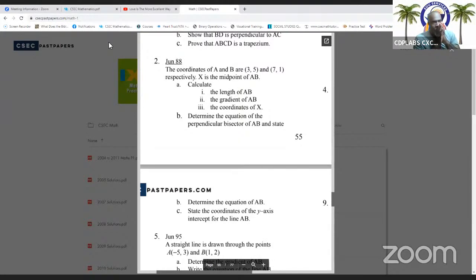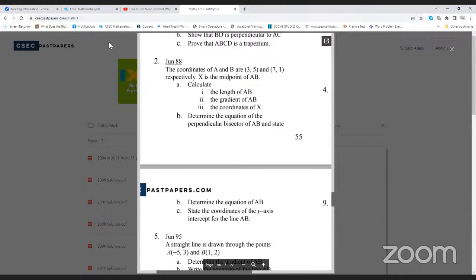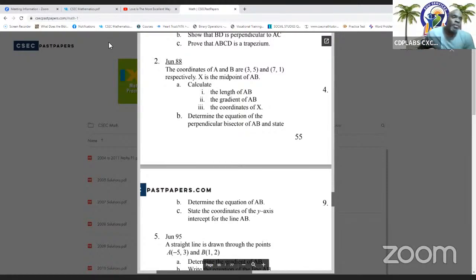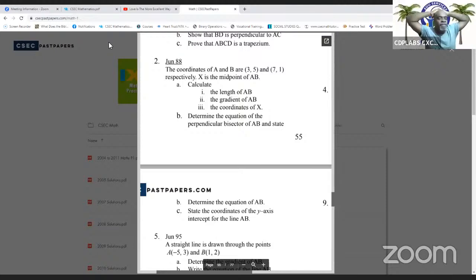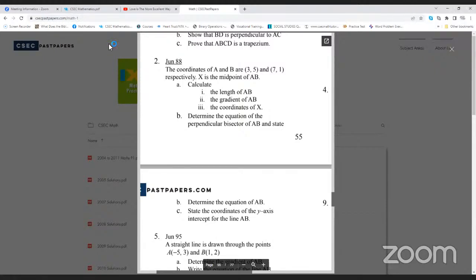What number comes to mind when they talk about midpoint? 50? Oh no, middle? Something at the middle?